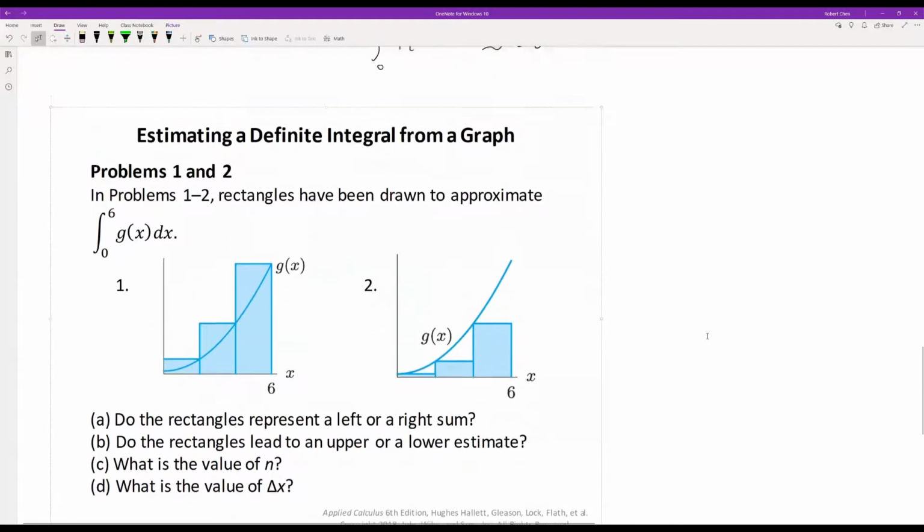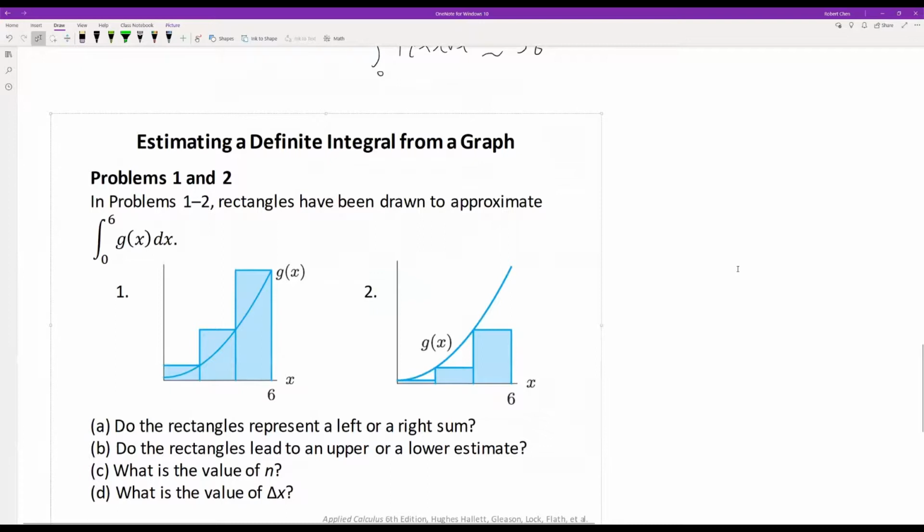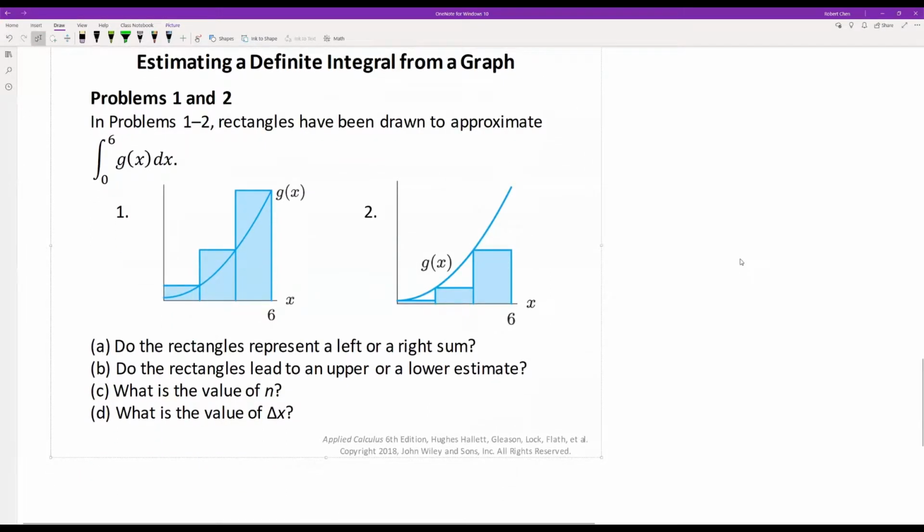All right, so let's look at another one from a graph. Basically an overview. We're not going to do any calculation here. So we're doing the same thing with some function g of x, taking the integral from 0 to 6. We want to estimate the area under the function g of x from 0 to 6.